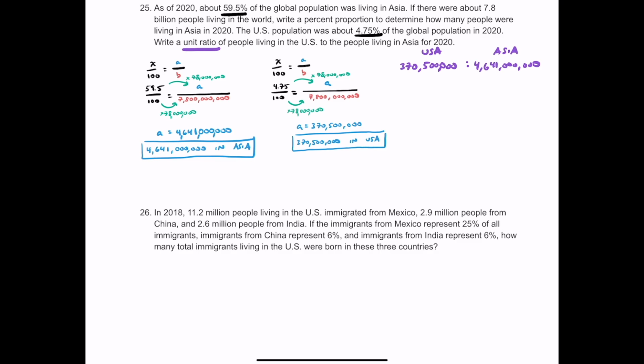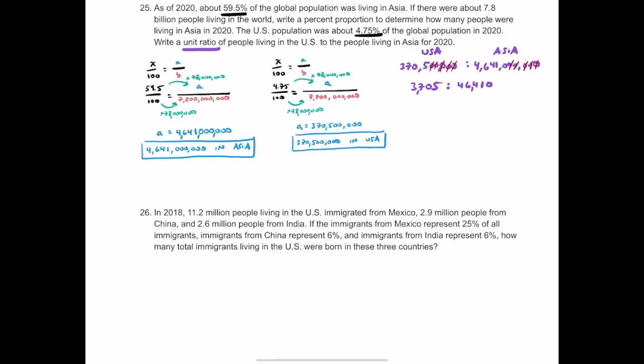I know we live here in the USA, but it's good to kind of compare and see what else is out there. Simplifying this ratio, you could divide by a lot of zeros here. That was 5 of them. So 10,000. So this ratio simplifies to 3705 to 46410, if I'm not mistaken.